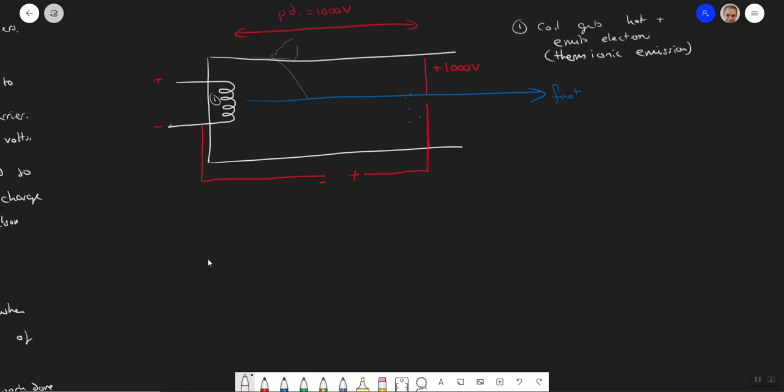Okay, so as they move, this end is called the cathode, and they move to the anode.